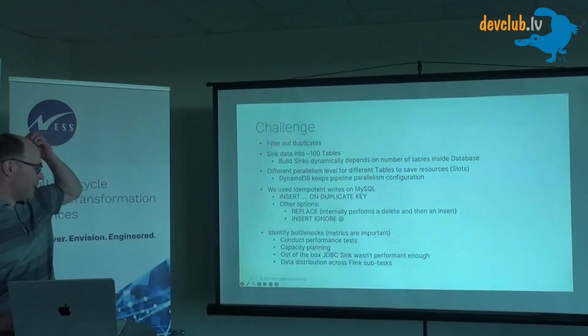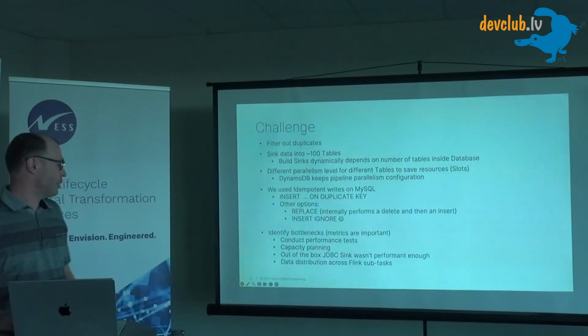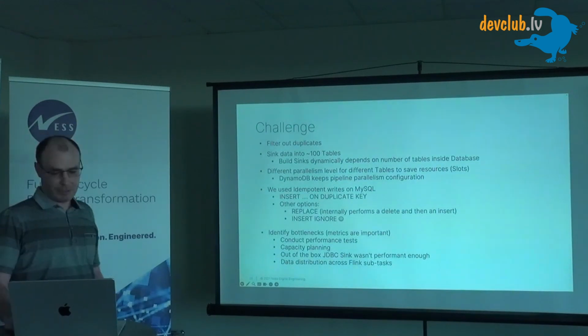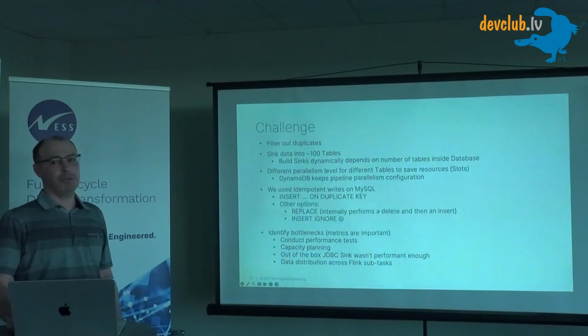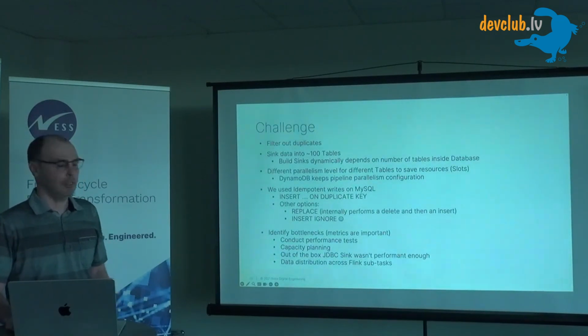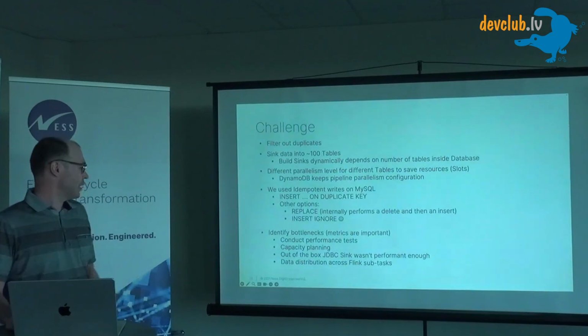We had to identify bottlenecks, so that's why metrics are important. We had to conduct a performance test and capacity planning. On the Kafka side we had to calculate the number of partitions, because the number of partitions is your level of parallelization, right? You need to know ahead of time how many partitions you need in Kafka.